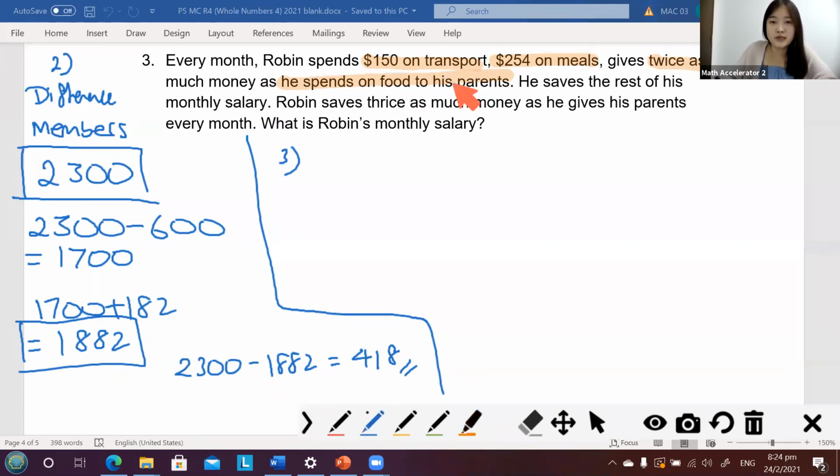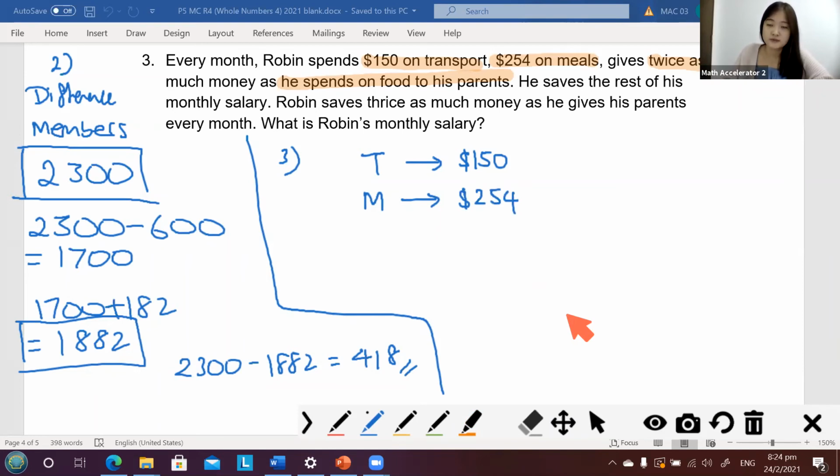Okay, so let's write down the first sentence first. Transport is $150. The meals, which means the food that he buys to eat, is $254. So we just list it down first, so it's easier for us afterwards.